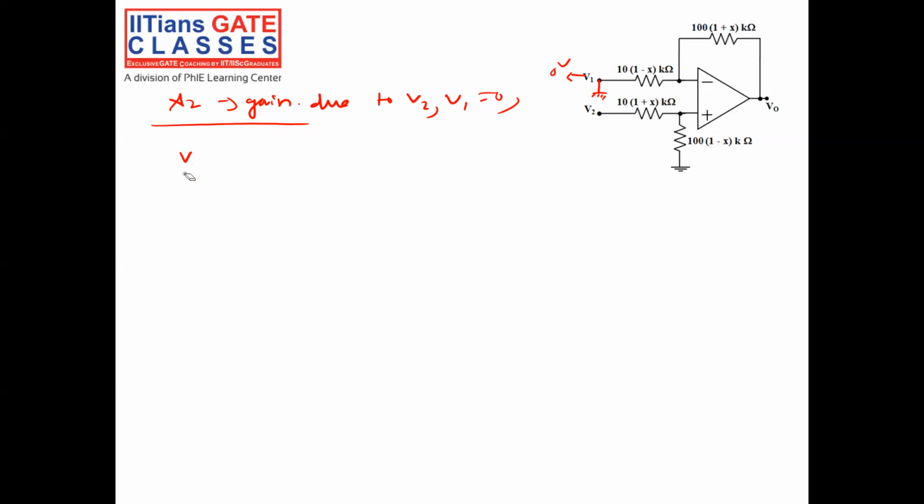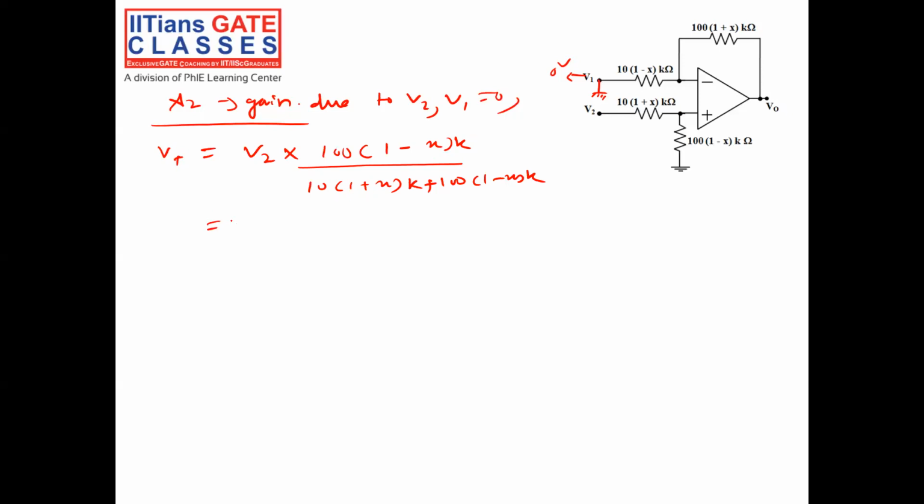Now V positive is equal to V2 into 100 into (1 minus x) k, divided by 10 into (1 plus x) k plus 100 into (1 minus x) k. The k gets cancelled.